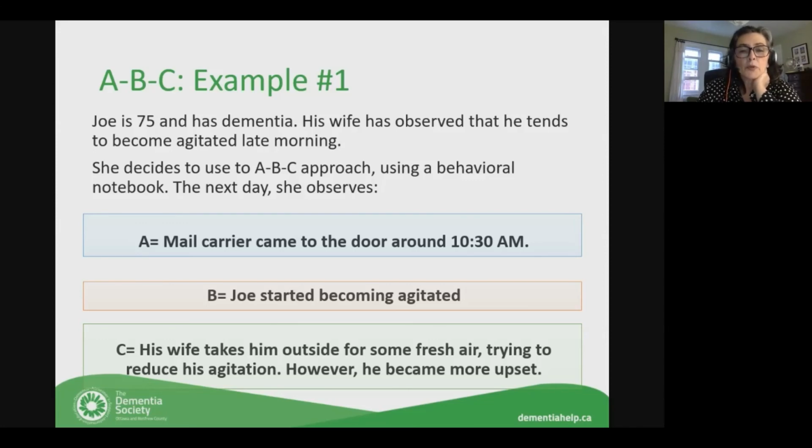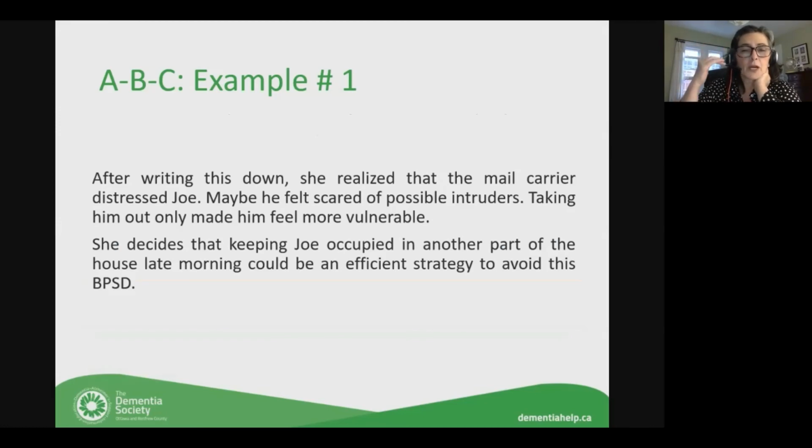So remember the sense making that I talked about before. You notice, you identify, you label it, you try something, and then you might have to relabel because maybe your approach didn't work. So she writes this down. She realizes that the mail carrier was what was distressing Joe.